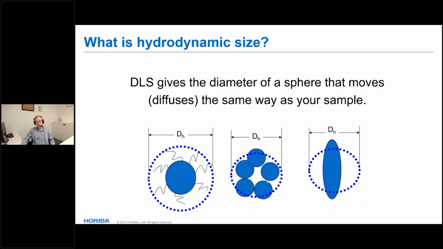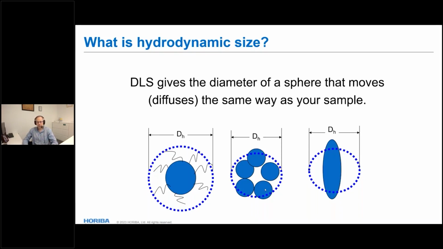If your particles are very small and they're stuck together, either very firmly through some chemistry or even a loose flock, you will see that the particle size is the size of that aggregate stuck together. You're not looking at the individual parts of the particle so much as the whole particle in one piece. And finally, if your particle is not spherical, we're just going to pretend it is a sphere.